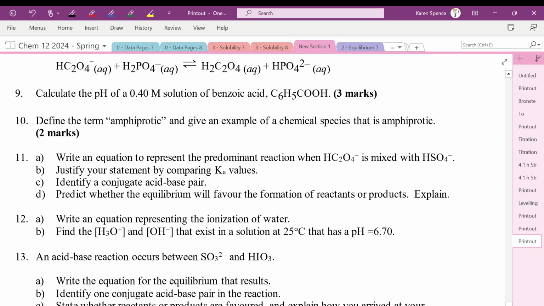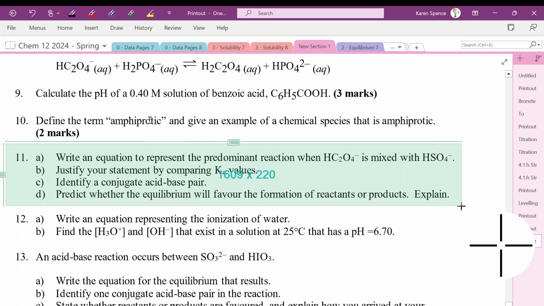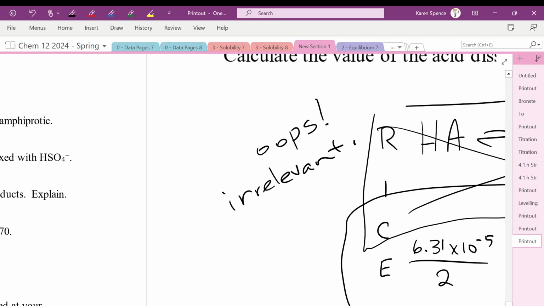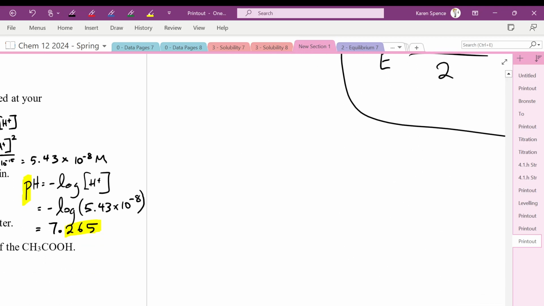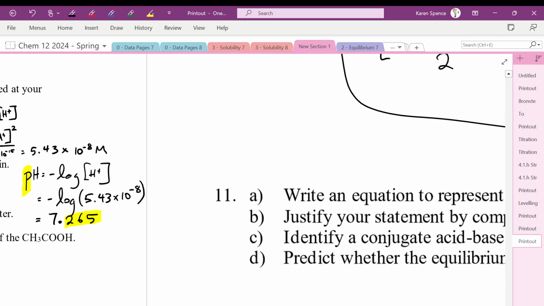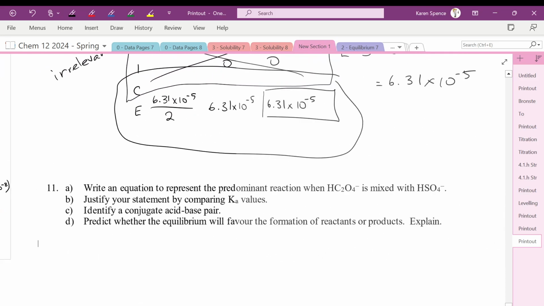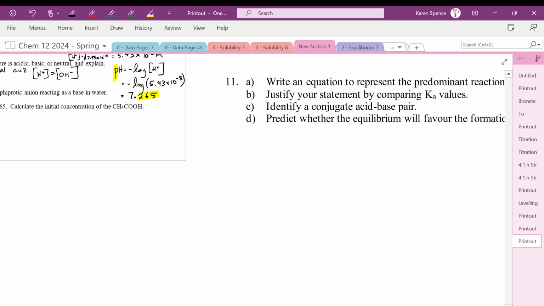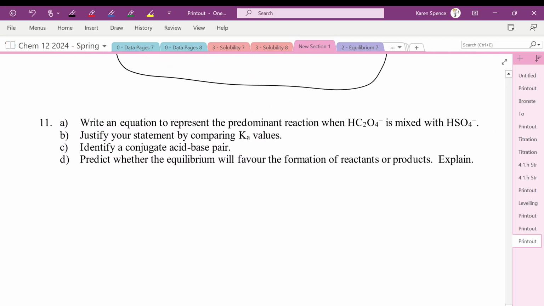Okay, first thing we need to decide is what on earth does the word predominant mean? Because I know for a lot of people, that is the sticking point. They're like, what is that word? It is a really common word in chemistry.